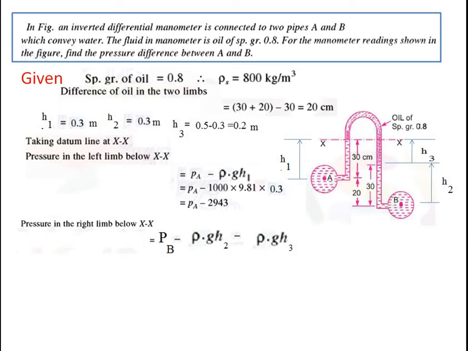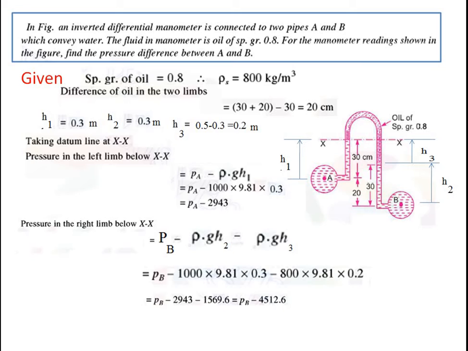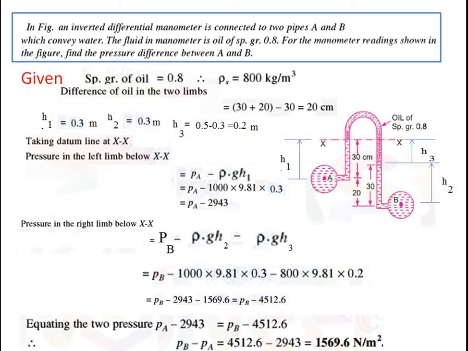Here rho is the density of oil. So the expression is PB minus 1000 into 9.81 into 0.3 minus 800 into 9.81 into 0.2, so it is PB minus 4512.6. Now equating the two pressures, PA minus 2943 is equal to PB minus 4512.6.